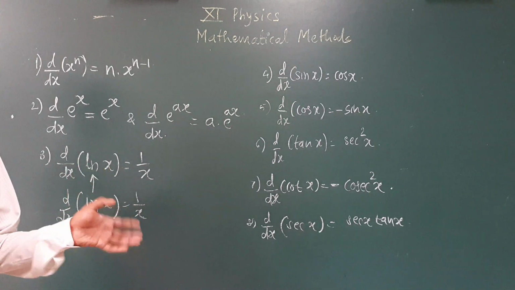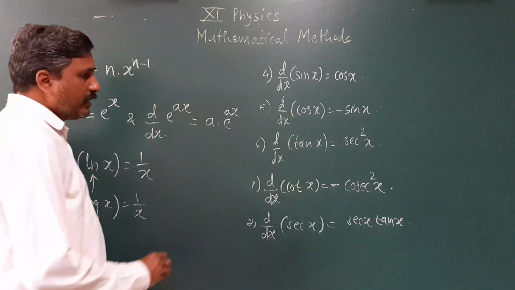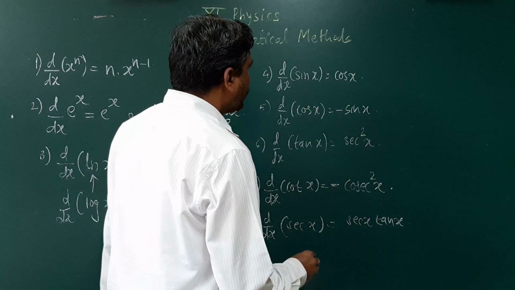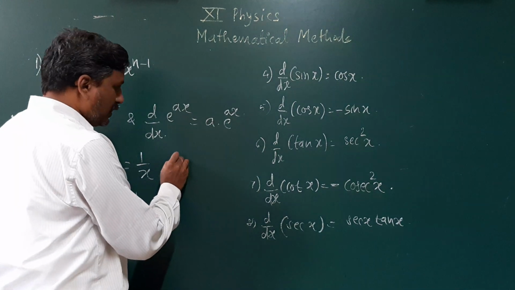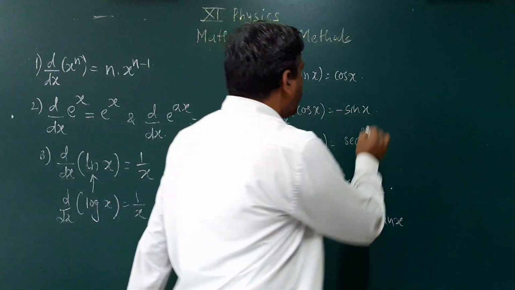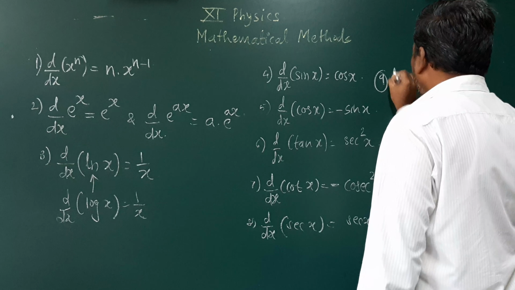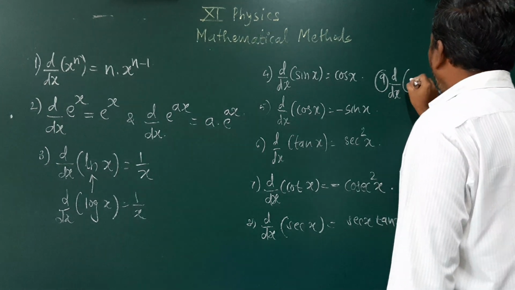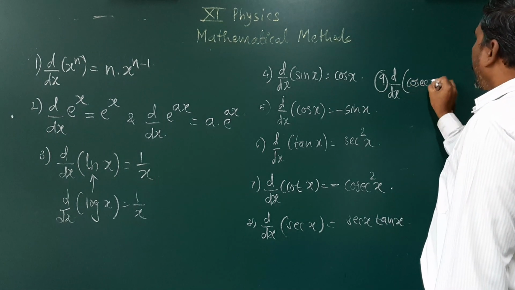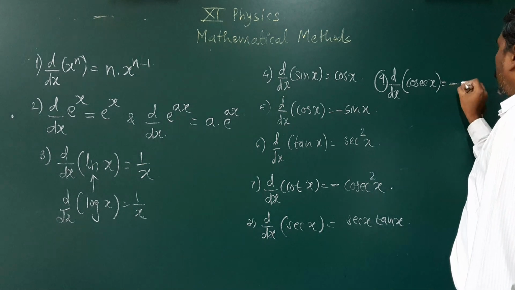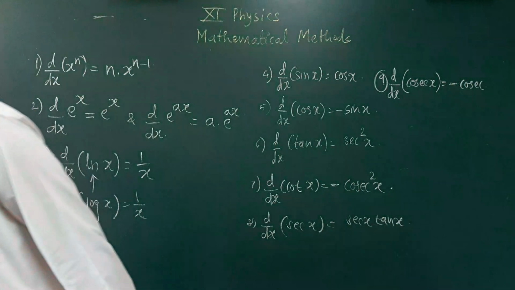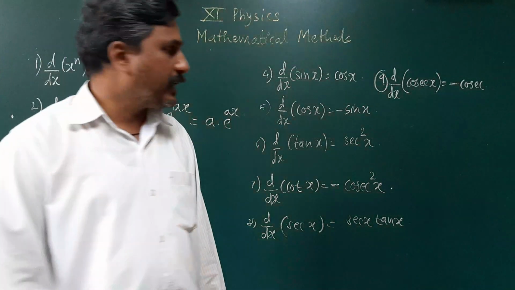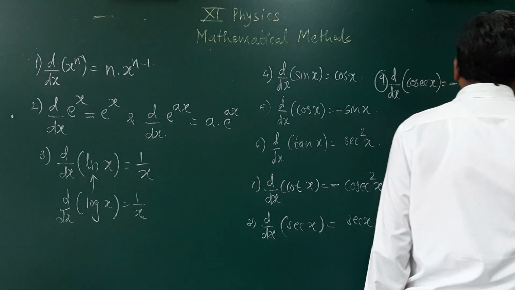The book mentions tan x into sec x, no matter. And the last one, d by dx of cosec x equals minus cosec x into cot x.